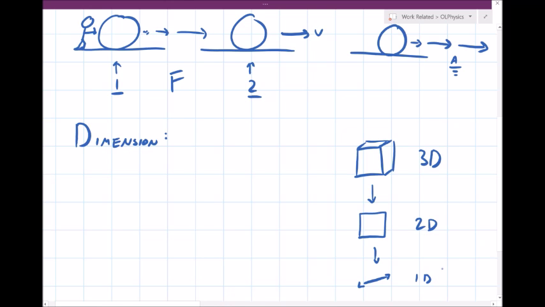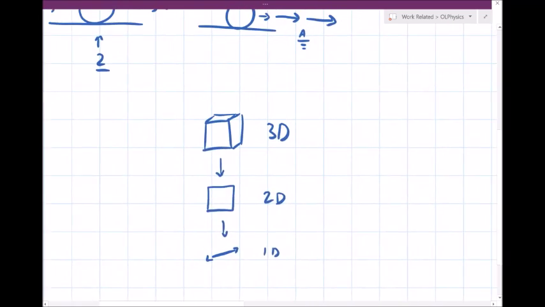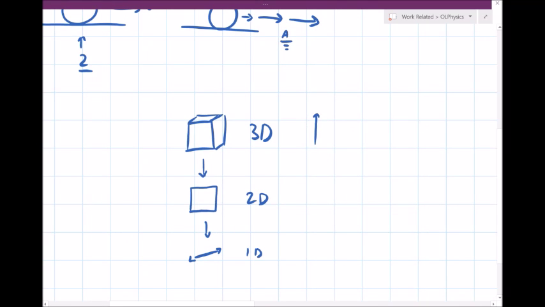So in 3 dimensions, we can go up and down. We can do that also in 2 dimensions. And I'm going to draw these over here. In 1 dimension, we can also go up or down, but that's the only way that we can go. We can only go one way or the exact opposite.